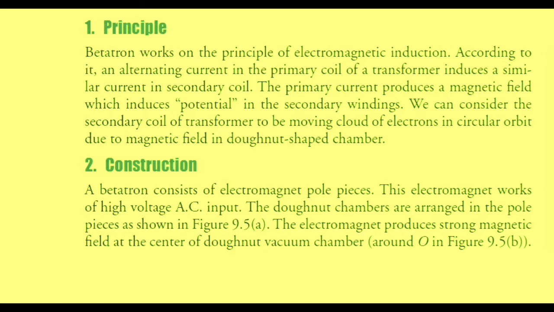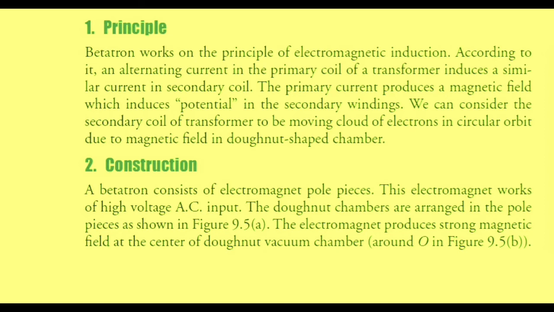Now let us move to the construction of a Betatron. A Betatron consists of electromagnet pole pieces. This electromagnet works on a high voltage AC input.